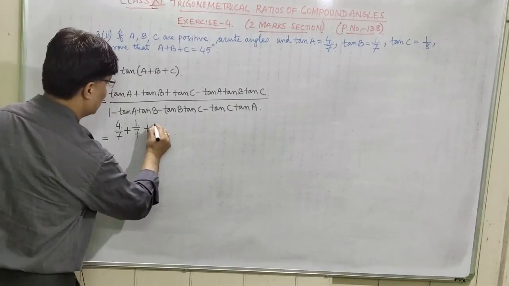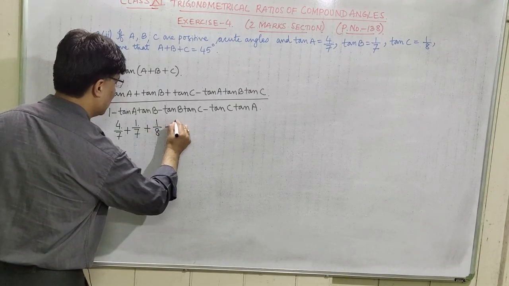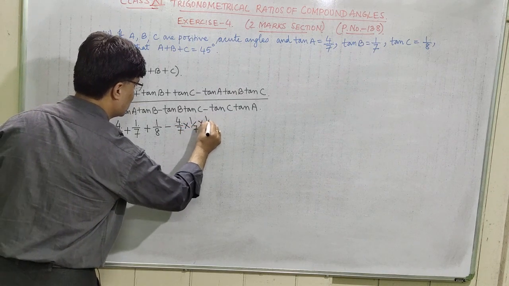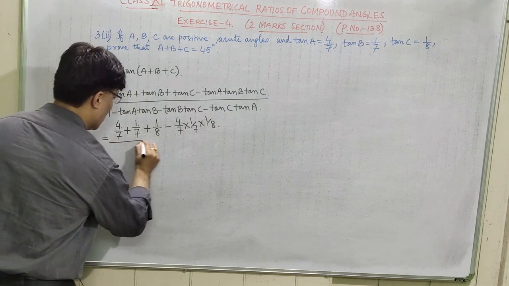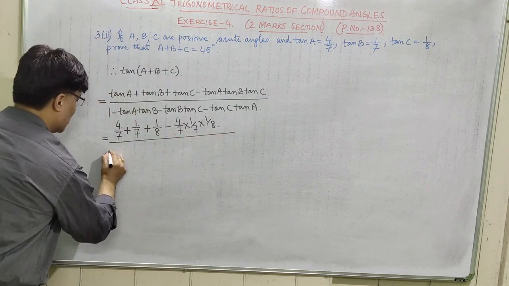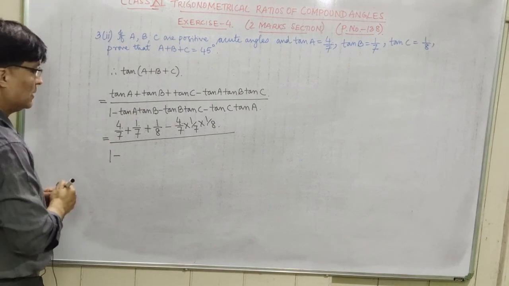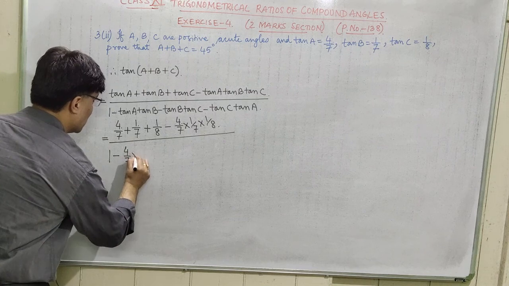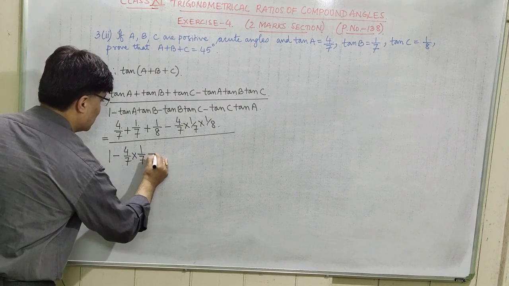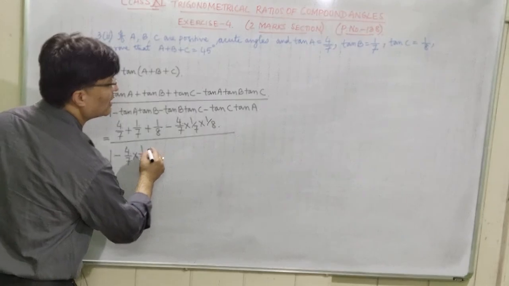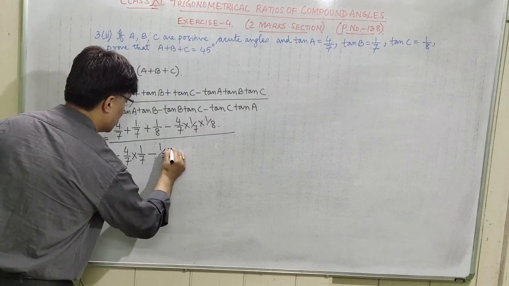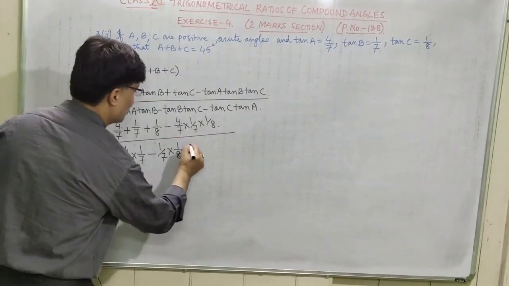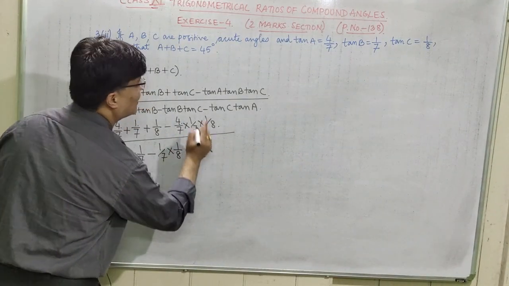What is tan C? 1 upon 8, minus 4 by 7 into 1 by 7 into 1 by 8, whole divided by, in the denominator, 1 minus, now what is tan A in this case? 4 by 7 into tan B, 1 by 7, minus, again what is tan B? 1 by 7 into 1 by 8, minus what is tan C? 1 by 8 into what is tan A?